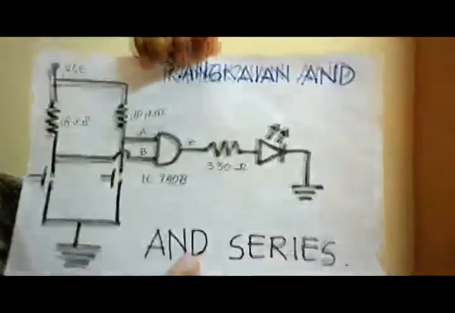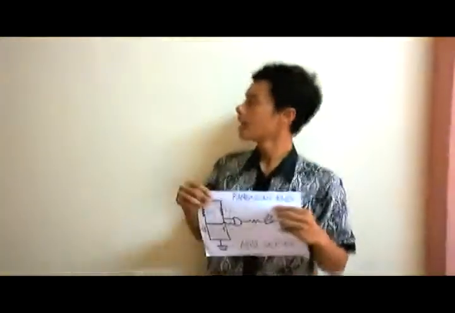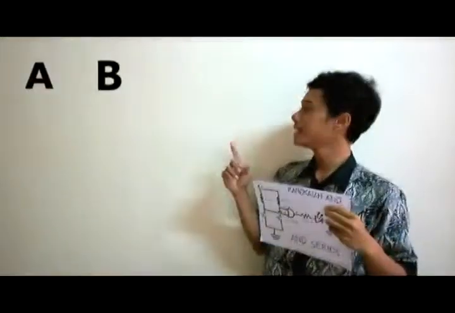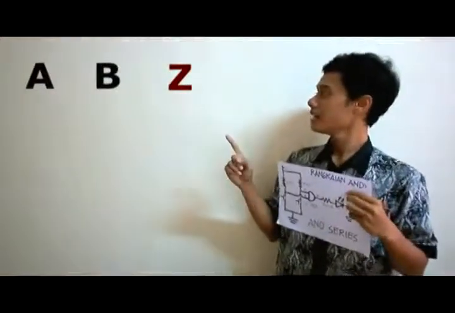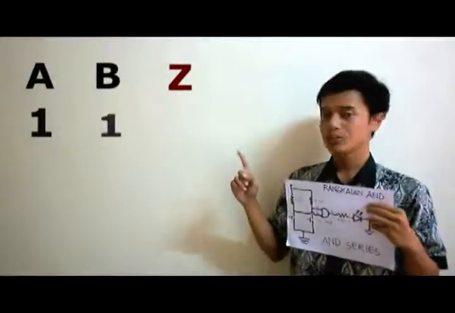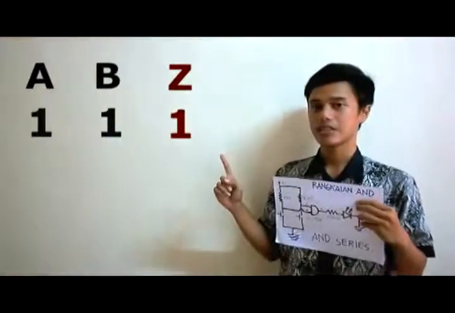Now, what is the logic value for the AND logic gate? So let's see beside me. I have A as the input, B as the input, and Z as the output. If A is 1 or high voltage and B is 1, the output will be 1.